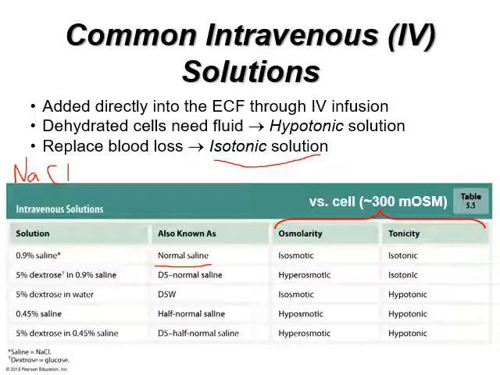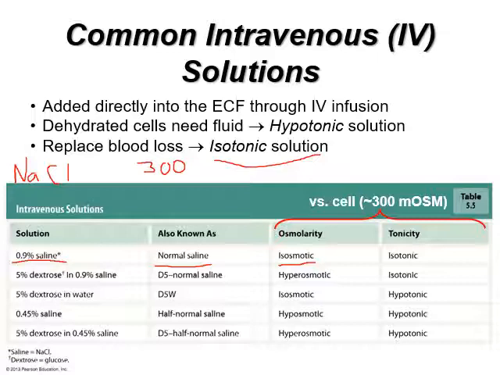Remember, NaCl is the most prevalent or most important non-penetrating solute. Again, non-penetrating solute. So a 0.9% solution of saline is called normal saline. And this solution is isoosmotic. Isoosmotic, remember the cell is what? 300 milliosmoles. 300 milliosmoles of non-penetrating solutes in the cell.